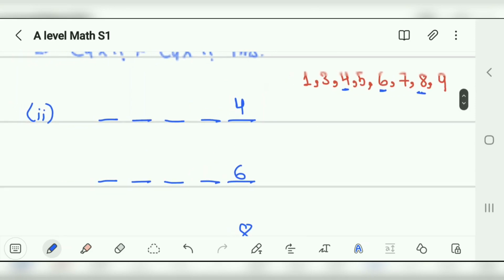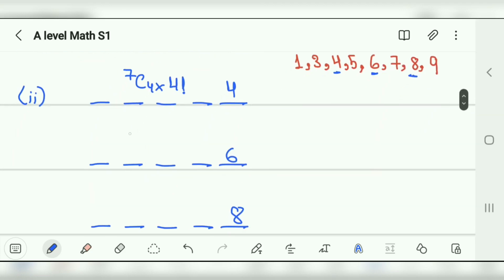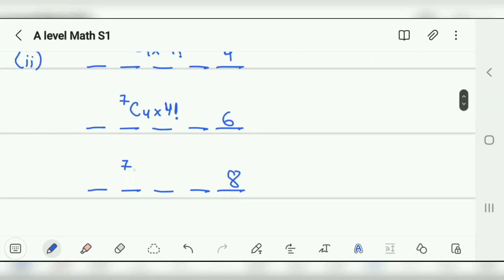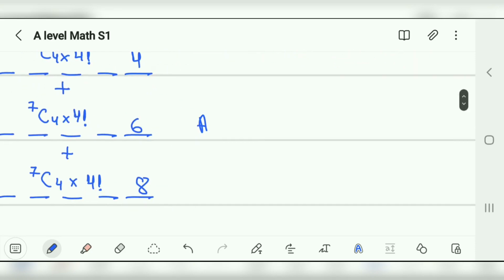Now for the remaining 4 digits, I'm going to do 7C4 multiply by 4 factorial. Again here 7C4 multiply by 4 factorial, and 7C4 multiply by 4 factorial. Add them up, and this is the answer.